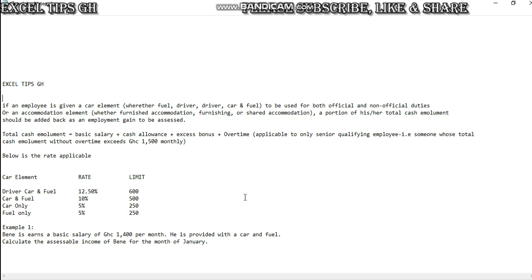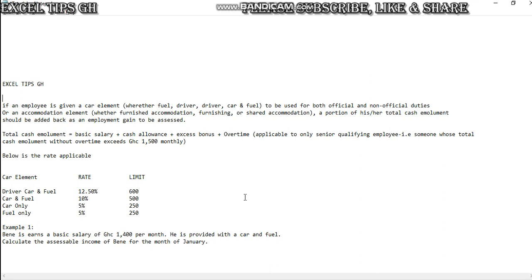So per calculation, it is going to be the basic salary plus all the cash allowances and then the excess bonus plus overtime. This overtime is only applicable if the employee is a senior qualifying employee. We've already explained what a junior qualifying employee is.